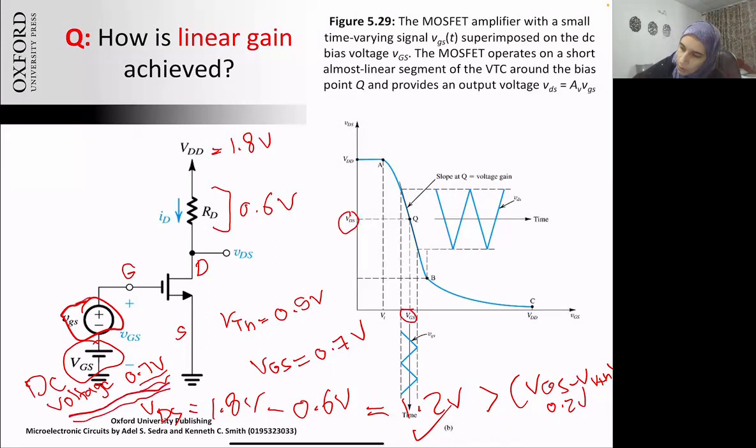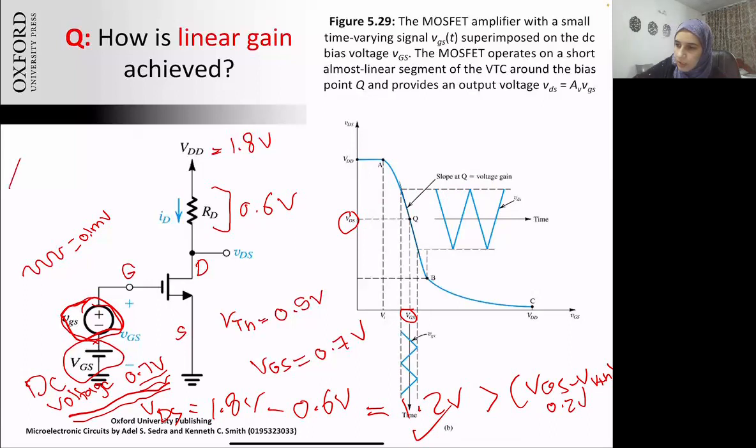There is a small AC signal that has a very small amplitude, let's say 1 millivolt amplitude or 0.1 millivolt. It's an AC signal that's varying, and it's riding on top of this DC value.